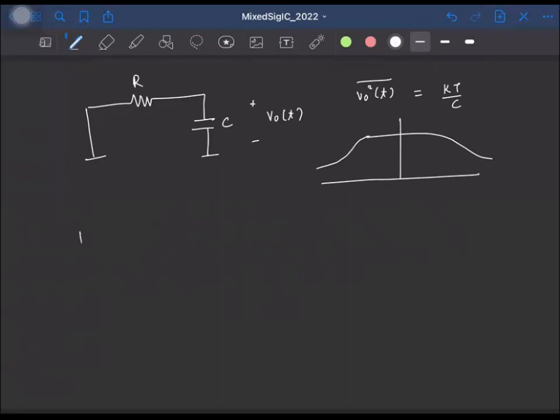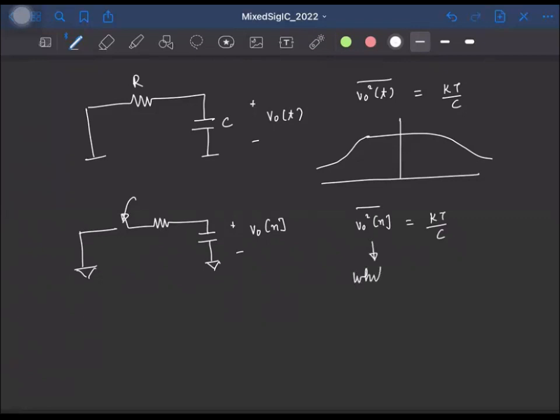Okay. And when you have a sampling network like this, where you periodically open and close the switch, and you take the samples of this noise, the mean squared value of these samples will also be equal to kT by C, but the samples of this noise will have a wide power spectral density.